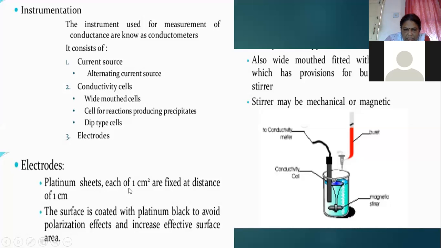The area of cross section of the foils is 1 square centimeter each, and the distance between the two foils is equal to 1 centimeter, and the surface of the platinum foil is coated with platinum black to avoid polarization effects and increase effective surface area.